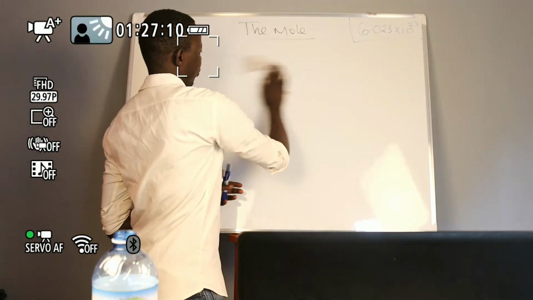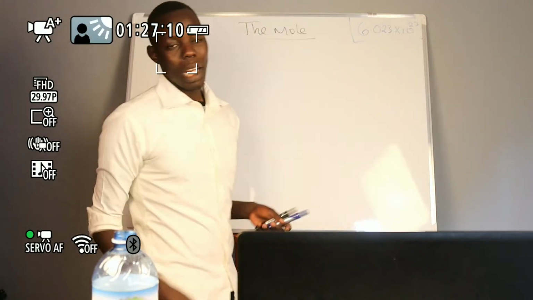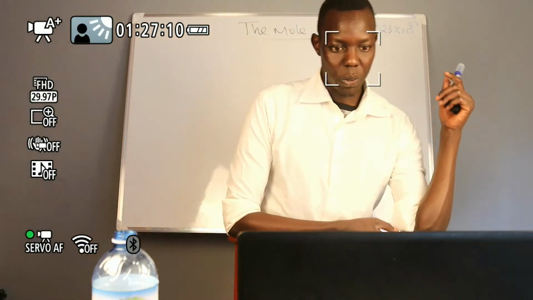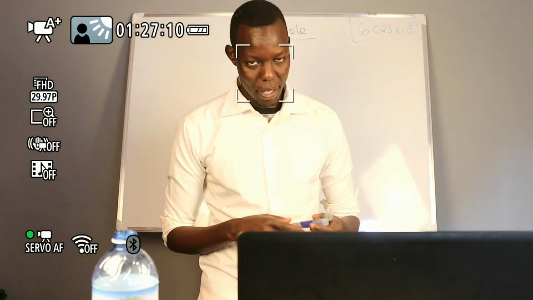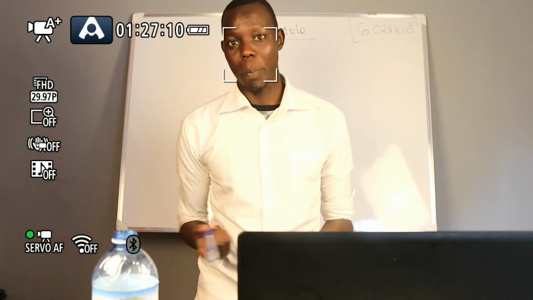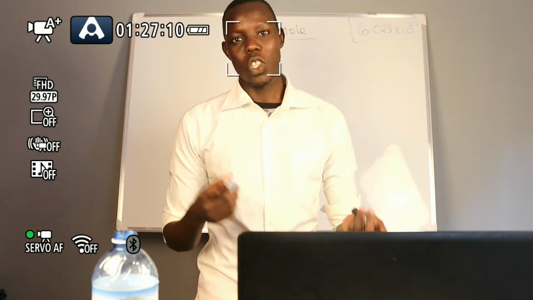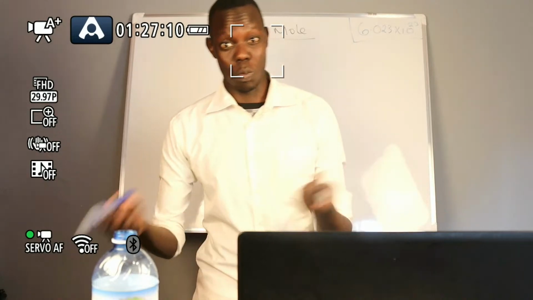Now, when it comes to those elements which do not exist as molecules, we will only be asking you to calculate the number of atoms, whereby 1 mole is equivalent to 6.023 times 10 power 23 atoms.